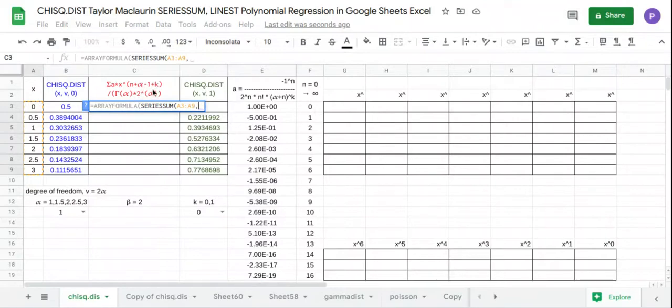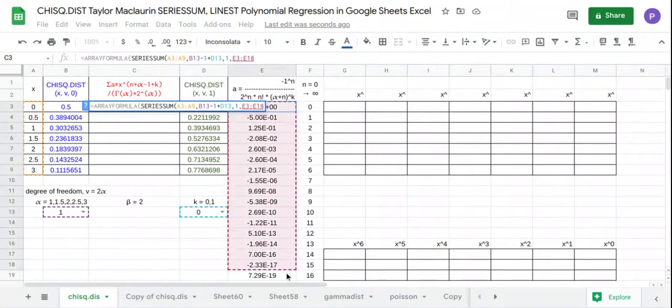So the starting point is alpha minus 1 plus k, plus n, where n increments by 1. And the coefficient is this range, our coefficient a.